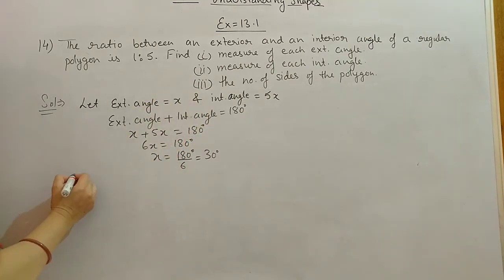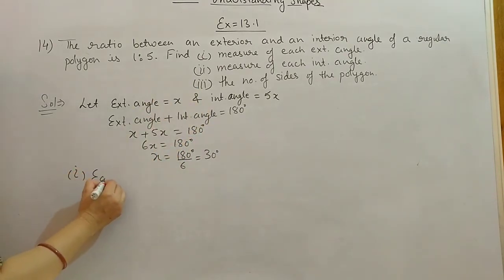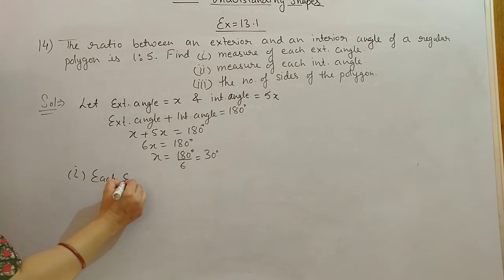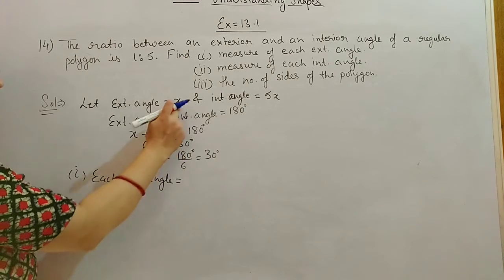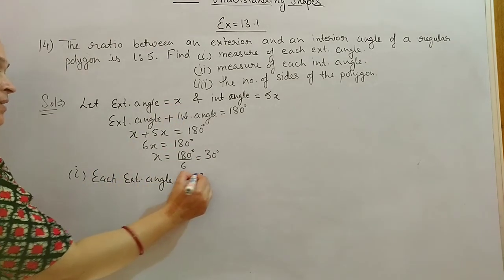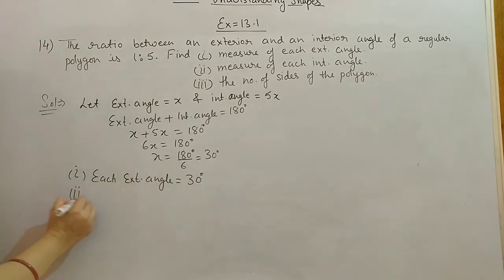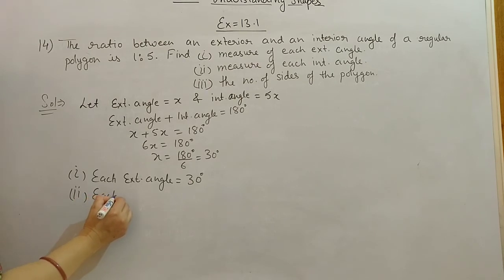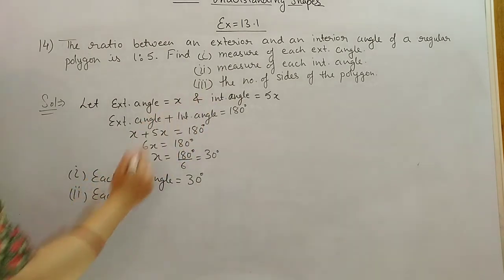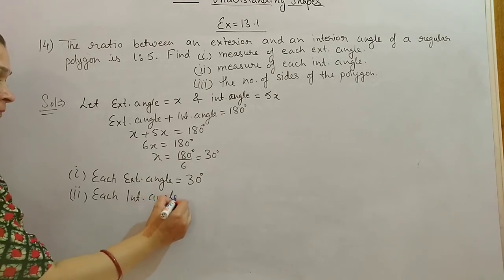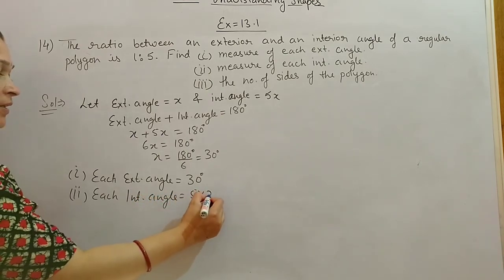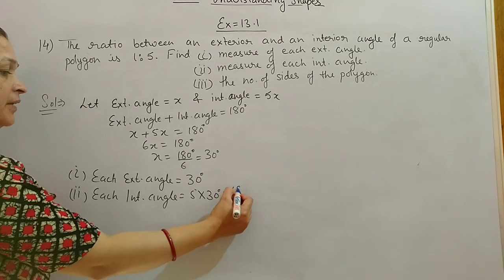So first, we have to find the measure of each exterior angle. Each exterior angle is x, so 30 degrees. Second, each interior angle is 5x. 5 into 30, 150 degrees.